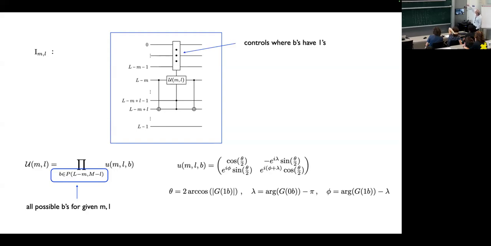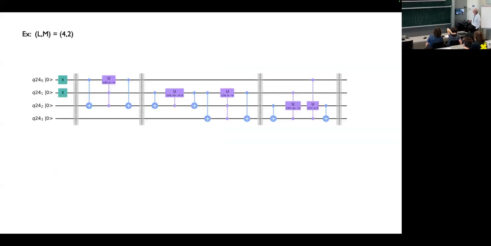These are just controls where the B's, the tails, have ones. And that's it. So these are all the ingredients in the unitary. So for example, in the case of 4-2, this is the full circuit.